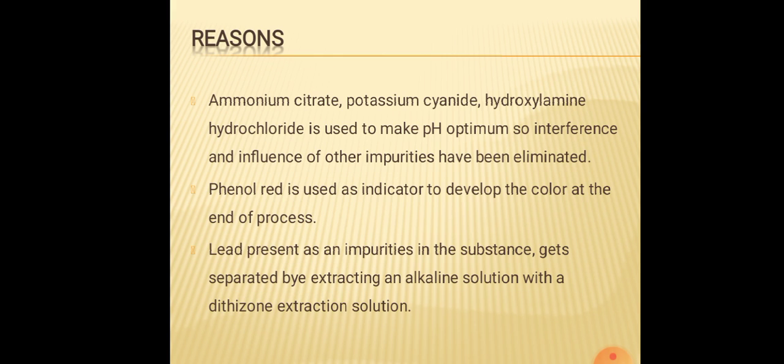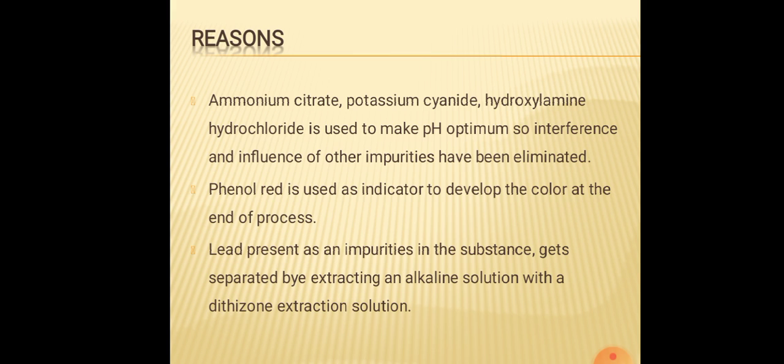Next, the reason why all these reagents are used in your limit test for lead. So see the reason. What is the reason behind that? The ammonium citrate, potassium cyanide and hydroxylamine hydrochloride are used to make the pH optimum, so the interference and influence of other impurities are eliminated.